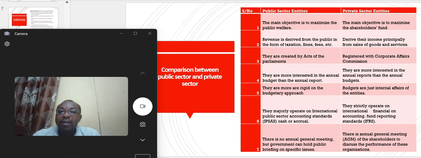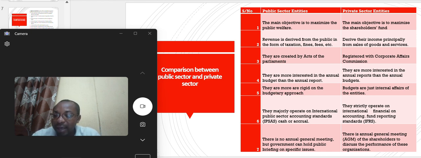Then another difference between public sector entities and private sector entities is how they generate their revenue, how they derive their income. Under public sector, revenue is derived from taxation, fines, fees, and others. But in private sector, their revenue is principally generated through the sales of goods and services.